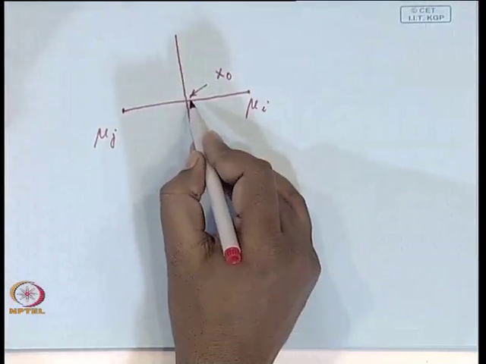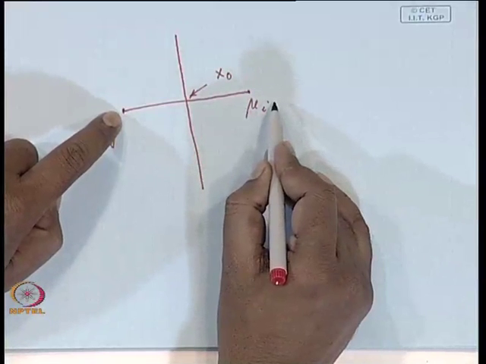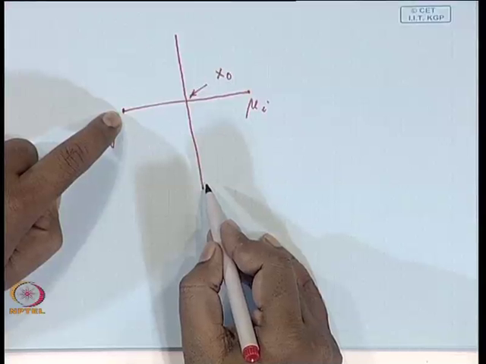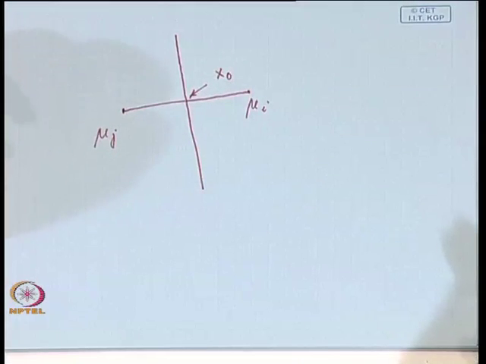Okay. So, this x naught in that case is midway between mu i and mu j, and I have this hyperplane, which in this case is nothing but the orthogonal bisector of the line joining mu i and mu j. And because it is the orthogonal bisector, again I come back to the same situation, that the kind of classifier that I have is a minimum distance classifier, because if I have an orthogonal bisector of the line joining mu i and mu j, then for all the points which are falling on the side of mu i, its distance from mu i will be less than its distance from mu j.